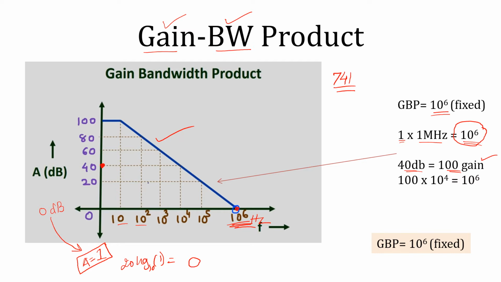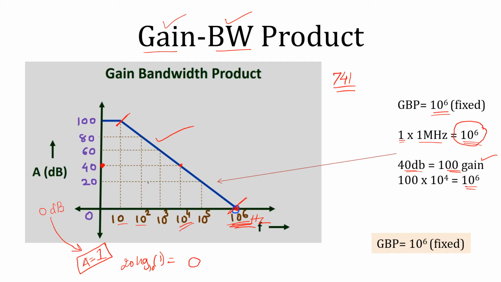So our gain is 100, and in this plot, when the gain is 40 decibel, the frequency is 10 raised to power 4. If you multiply 100 by 10 raised to power 4, again the value is 10 raised to power 6. So this product is fixed, and this product is represented by this straight line.